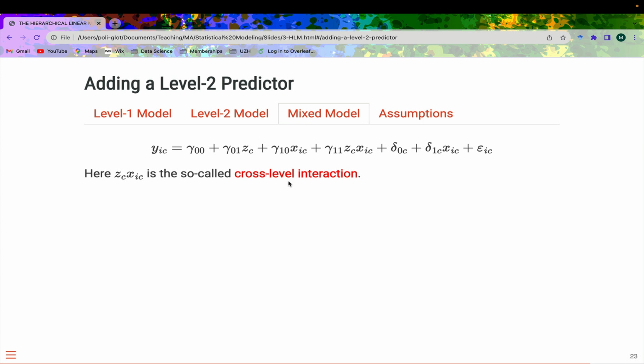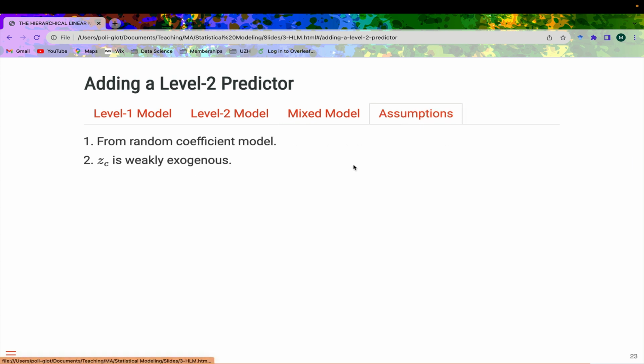Of course, we have to make an additional assumption here because now we have a new variable Z. We have the same assumptions from the random coefficient model we discussed in the previous video, but now we also have to make an assumption analogous to regression analysis that ZC is weakly exogenous.